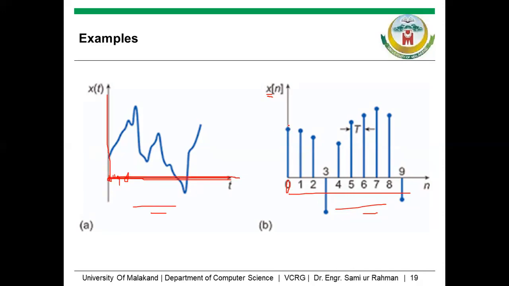For example, here we have this sample and this sample, and we don't have a sample between them. But if we take this value and this value, then we have a third value here, and between this one and this one we have a third value here, and between this one and this one we have a third value here. So such a type of variable is called a continuous variable.